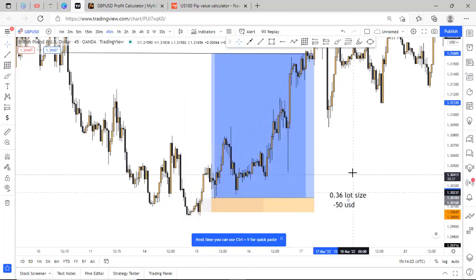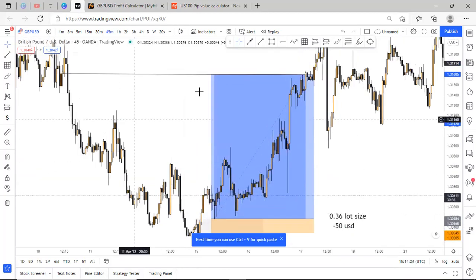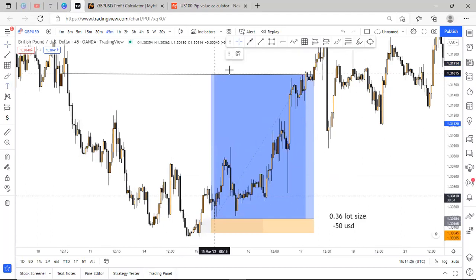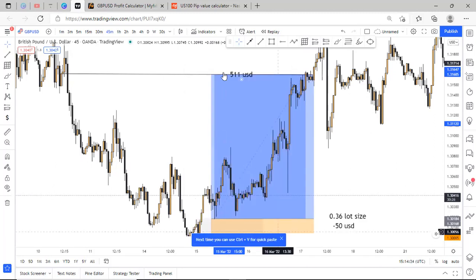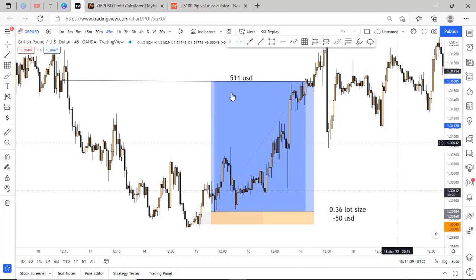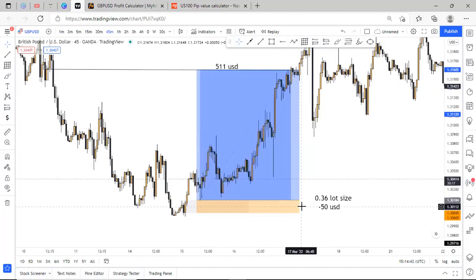Okay, we'll be making a profit of 511 US dollars right here, if our target was hit. So this is how to calculate your risk per trade.